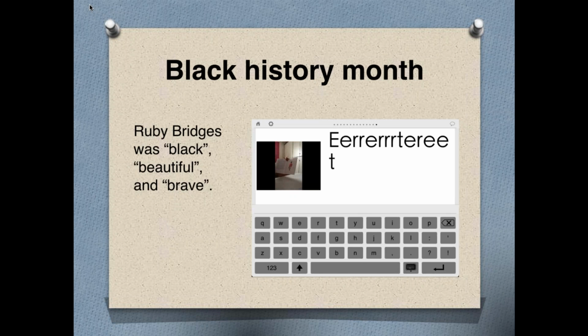She was escorted to school every day by federal marshals. But this was her struggle. Her education was really considered a turning point in the movement towards integrating our schools. And after that first year, the white students actually returned to the school. The boycott of the school ended, and she was a pioneer in desegregating that school.